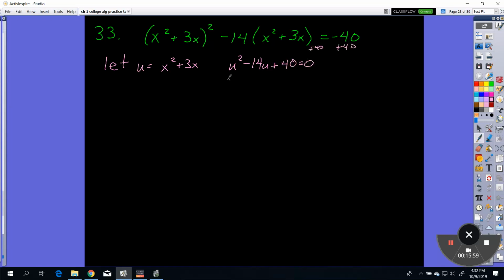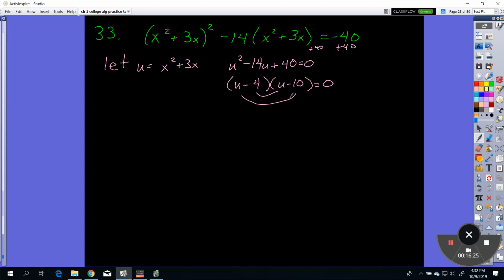So now I can see that this is going to factor, because 40 is 4 times 10, and 4 plus 10 makes 14. So if I make them each negative, a negative times a positive, a negative times a negative makes a positive. And when I add them together, negative 10u and negative 4u make negative 14u. So now I have it factored.